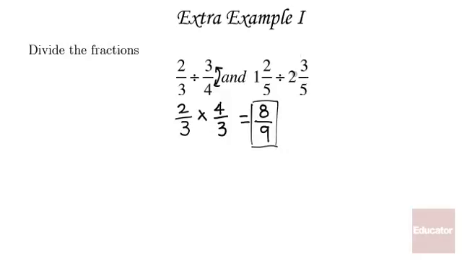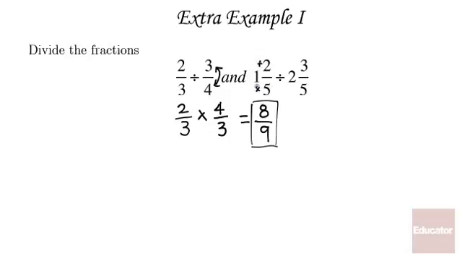The next example, 1 and 2/5 divided by 2 and 3/5. Both of my fractions are mixed numbers, so I have to make sure to change them to improper fractions before I go ahead and divide them. When you change a mixed number to an improper fraction, you take the bottom number, 5, multiply it by your whole number, and add the top number.